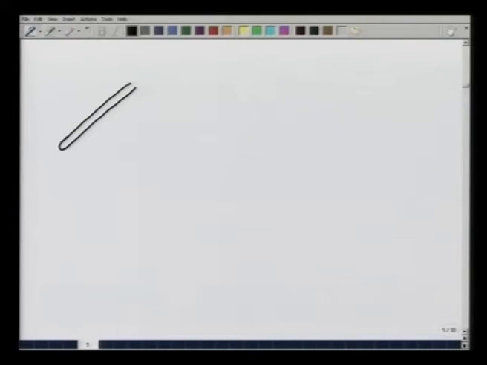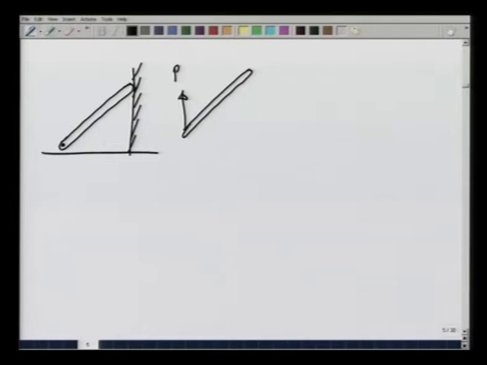So, I have this rod with a pin joint here and a wall here. This has a force Ry, Rx, a normal reaction N due to the wall, and its weight.